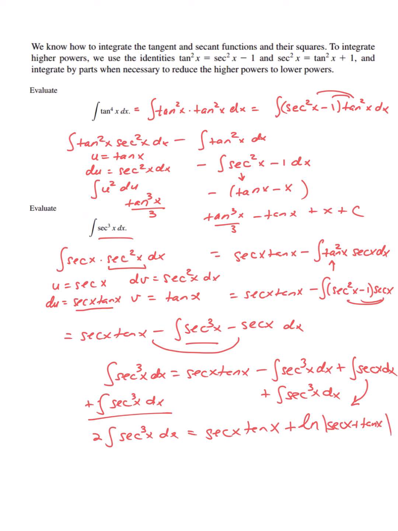You should make sure you have that in your memory. And now I can go ahead and divide everything by 2. So I get the integral of secant cubed x dx equals 1/2 secant x tangent x plus 1/2 ln secant x plus tangent x plus c.